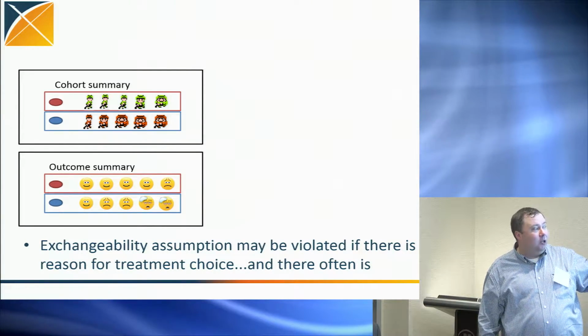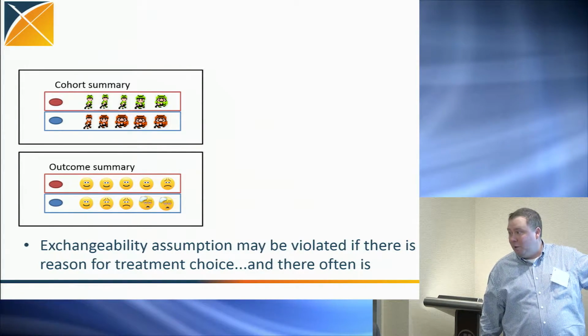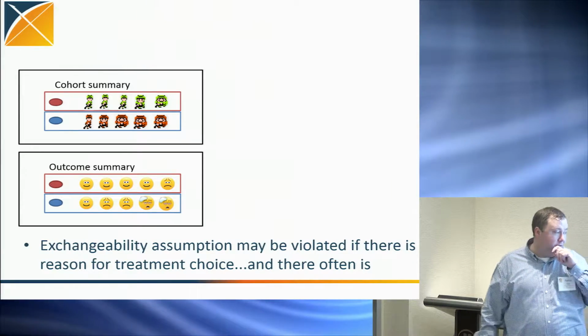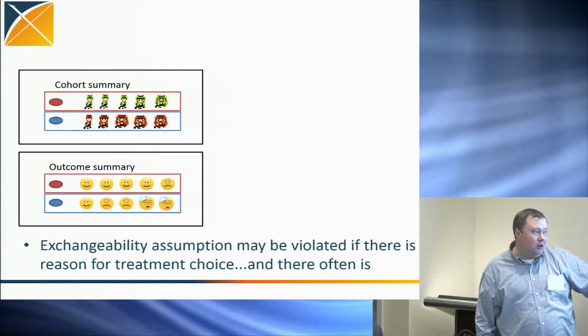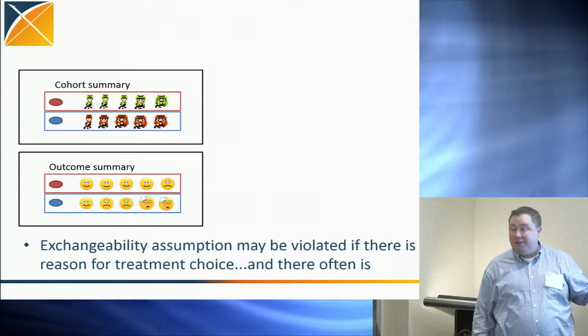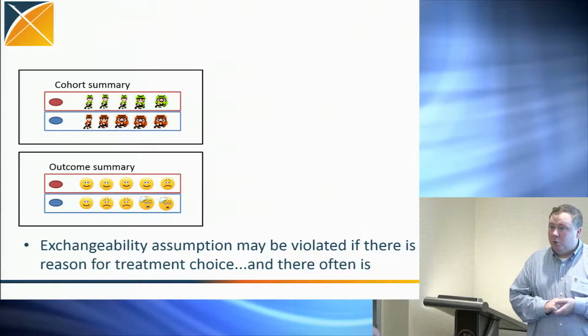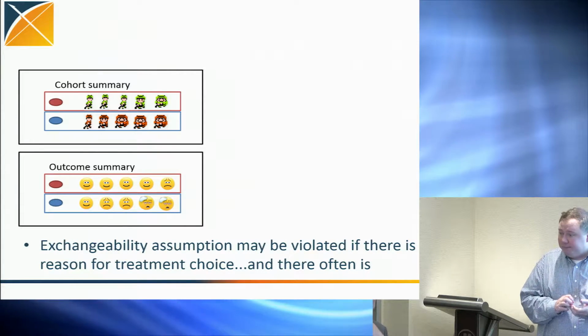And so therefore, when you see differences in outcomes, you don't know whether the differences in outcomes is because of the treatment or because these people are different. Okay? So the big thing that underlies all of this is there's this exchangeability assumption that can be violated, that if the people are not in fact exchangeable, you are going to lead to an invalid inference.